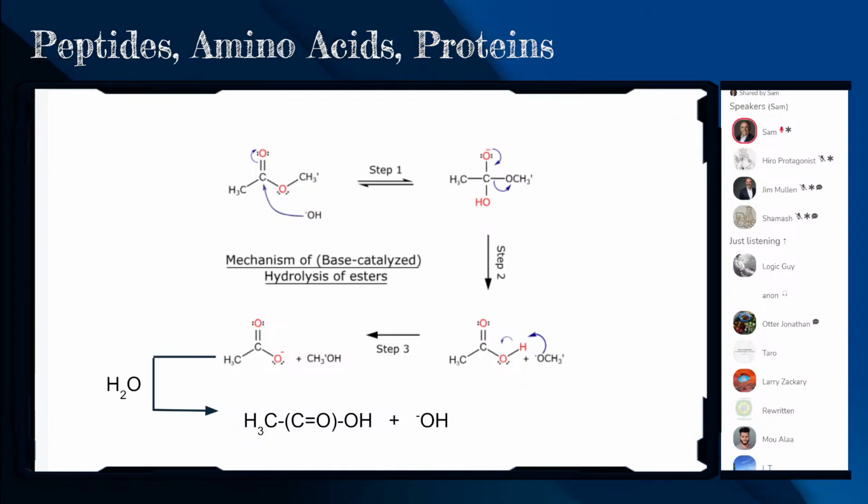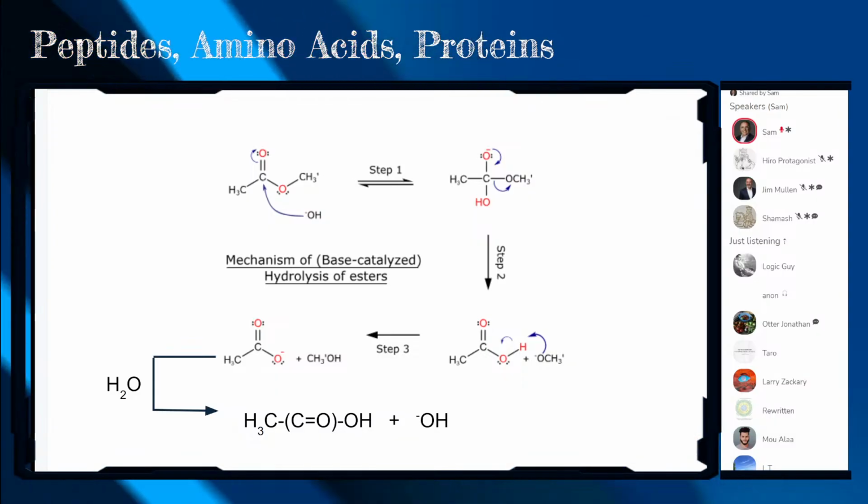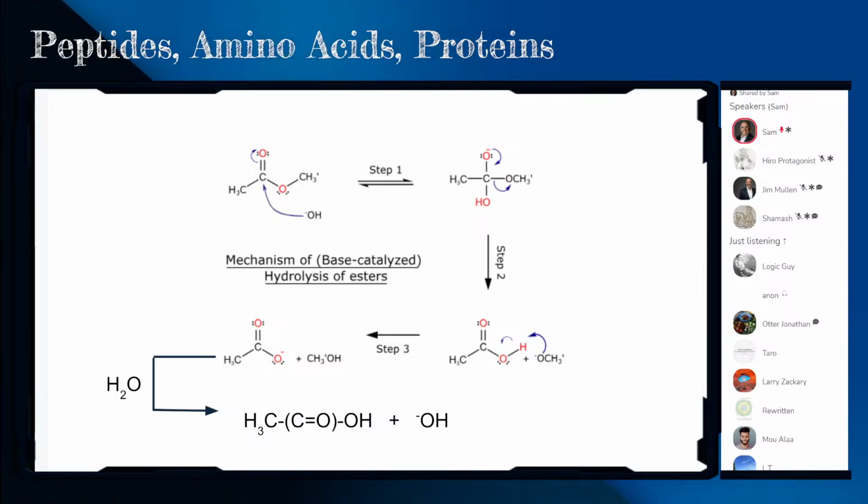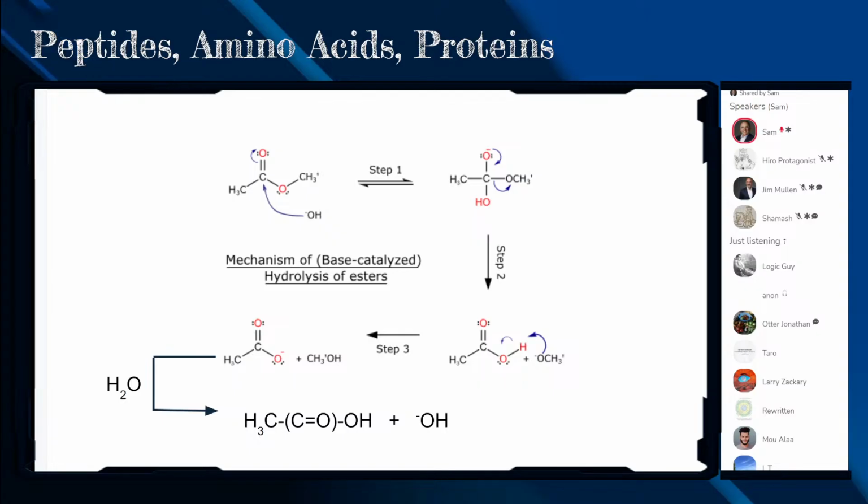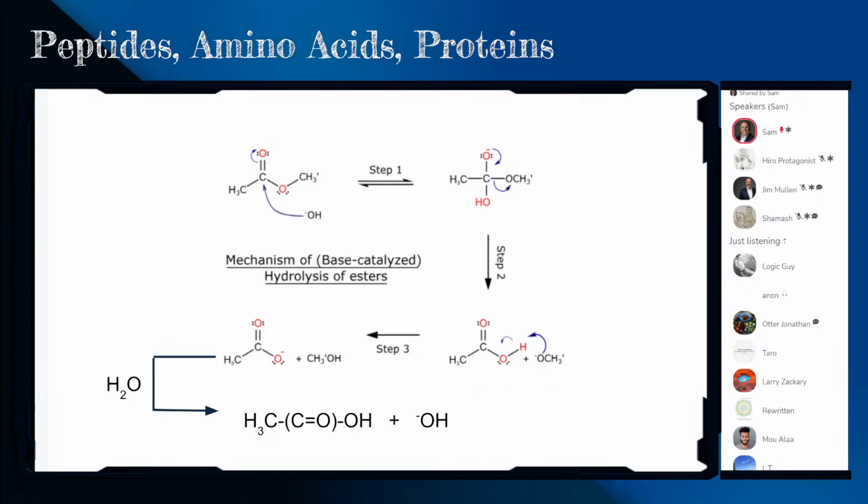So now we have the acetic acid on the left and methoxy, which is methanol without a hydrogen, on the right. Methoxy extracts the hydrogen from the acid to make methanol, and then the acid extracts a hydrogen from water to make acetic acid and OH minus.